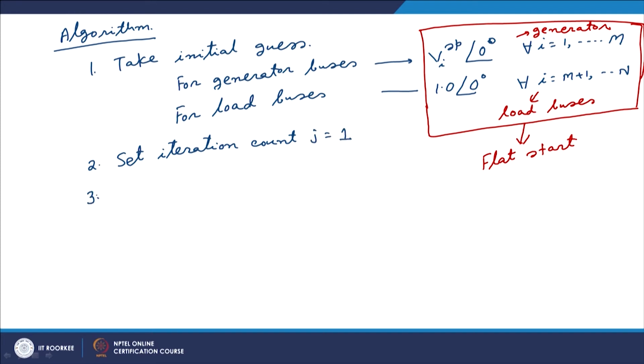Now, in contrast to the last case where we only considered one generator, which was nothing but the slack bus, in this case because we have multiple generators, as we have just now discussed, at each and every iteration we have to calculate the amount of reactive power which is being either supplied or absorbed by any generator.